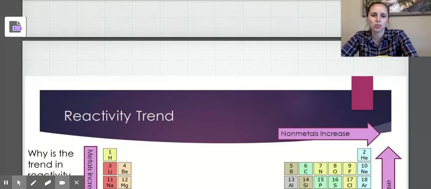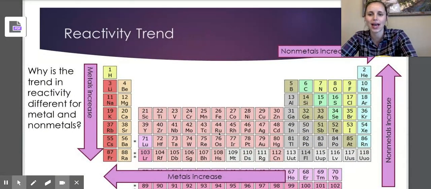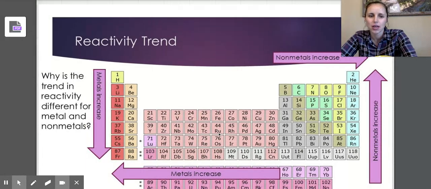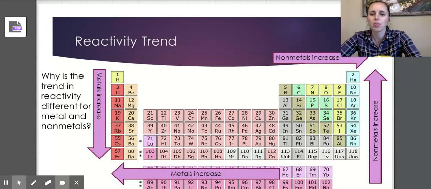So I'm a very visual person, so let's take a look at what this trend actually looks like visually. We said that one of the most reactive parts of the periodic table are these alkali metals here. There's also another trend within here. We talked about this in grade 9, but I don't expect you to remember it. When we looked at our alkali metals, I showed you lithium, sodium, and potassium.